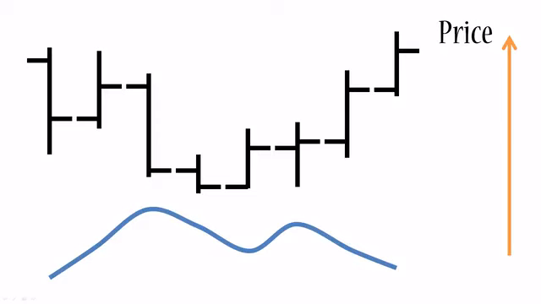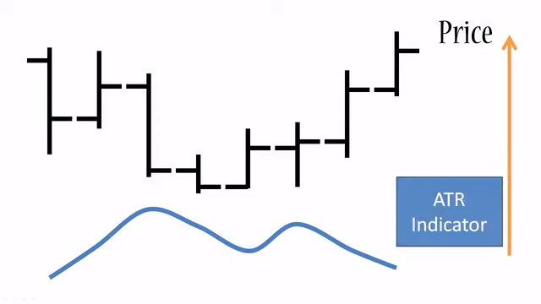What we've actually constructed is the average true range indicator with a period of 4. You can find this indicator in MetaTrader 4 and drag it onto your chart, and you'll see exactly this picture.